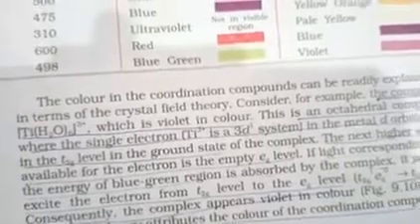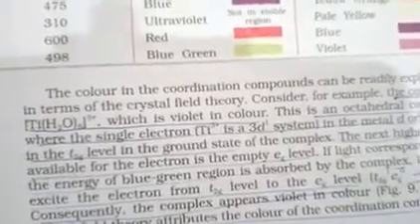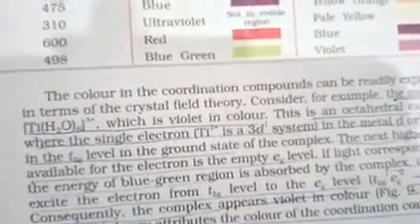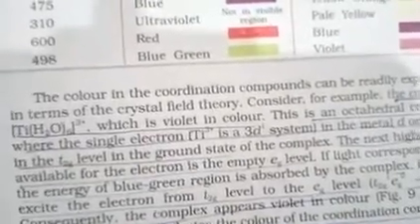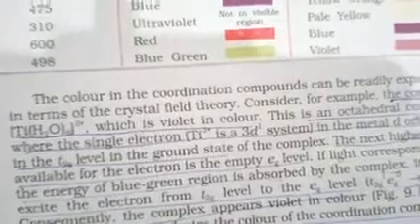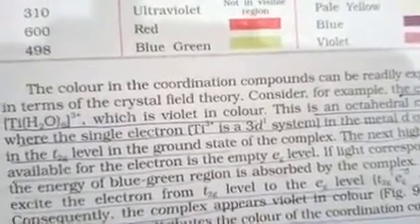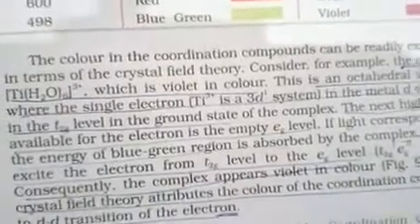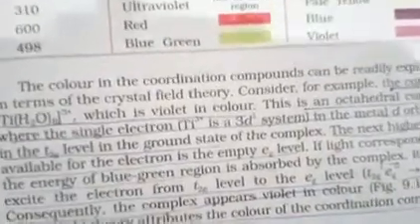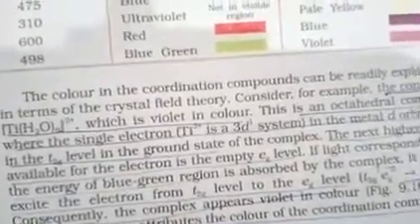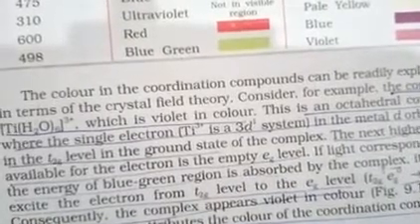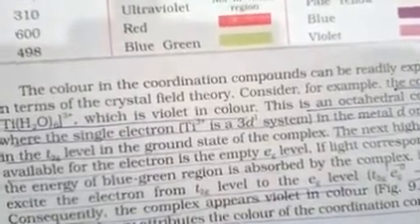So to jump from t2g to eg, the electron absorbs light corresponding to the energy of the blue-green region, exciting the electron from the t2g level to the eg level. So you will get t2g0 eg1.